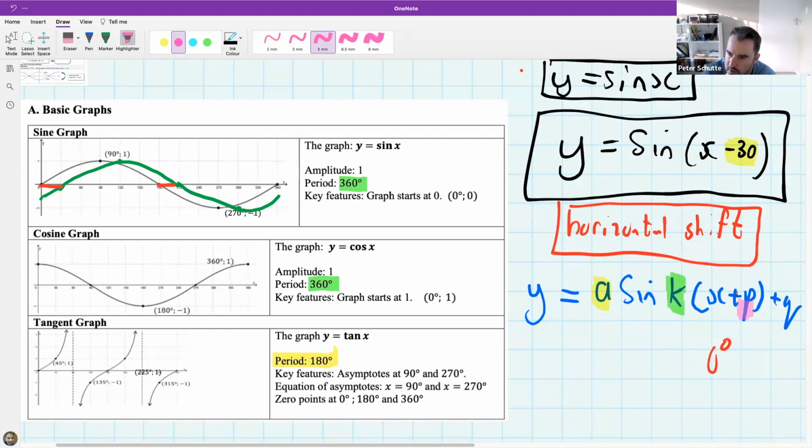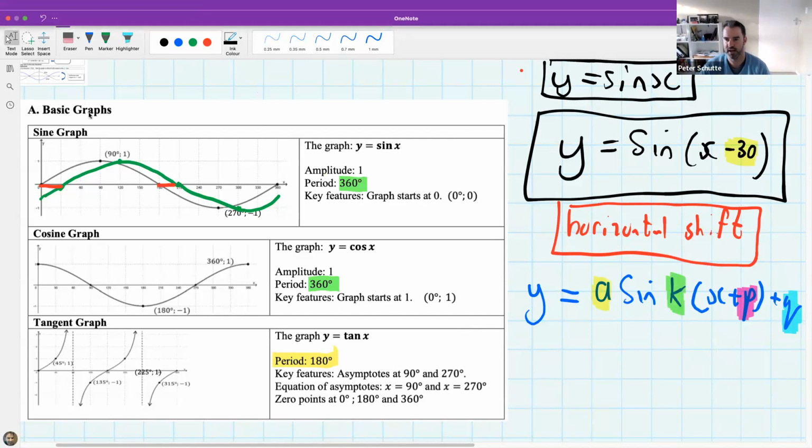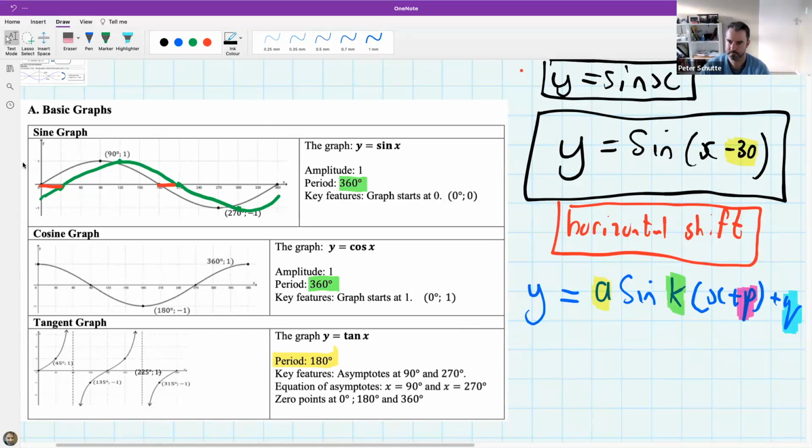The Q would be the horizontal shift. Sorry, the P would be the horizontal shift. The Q would be the vertical shift. And those are the 4 changes that you need to be aware of as we go forward tonight. And I'm going to show you them in questions, but I just wanted to actually give you a basic feel for that idea.